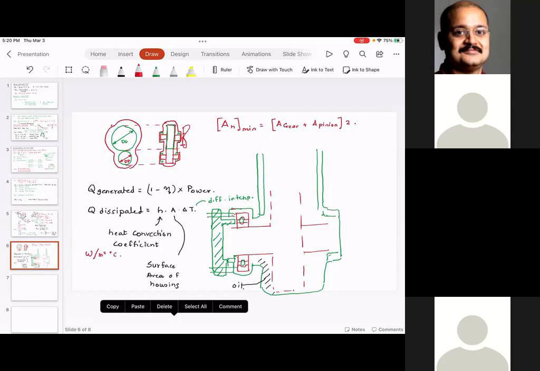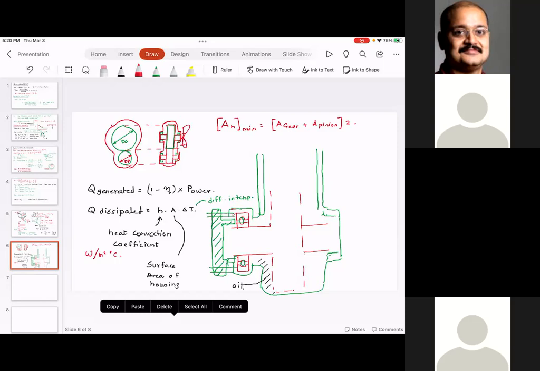And then you can identify the temperature. So how do you decide delta T? Now this delta T is dependent on the type of oil you choose. Every oil has a temperature range. Within that range, that oil can sustain its lubrication and cooling properties.